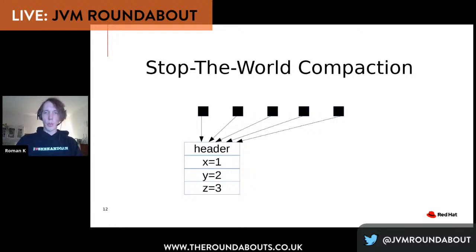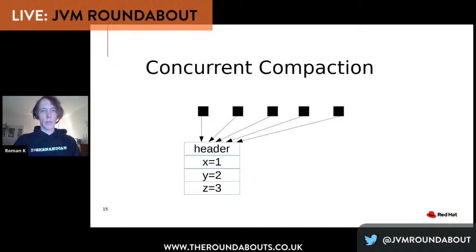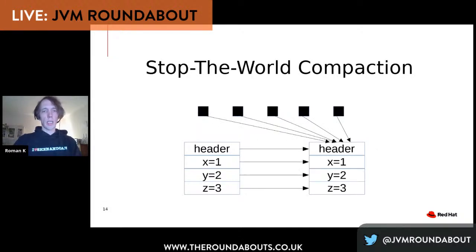Let's see, stop-the-world compaction. This is the classic variant of this. Assume you have a couple of references to my object. The object here is this one. It has a header, it has some fields, and the GC copies the object while the world is stopped. So far, so good. It updates all the references, and then you can reclaim this old object, and we're good.